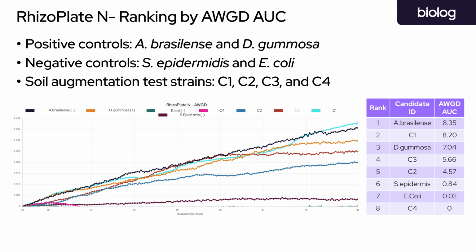The top two strains are distinguished here based on their average well growth development area under the curve values, and although C1 shows the highest average well growth development at the endpoint, A. brasilense slightly outperformed it. Additionally, with our negative controls showing near zero values, we observed that two other strains, C2 and C3, also demonstrated significant nitrogen fixation.